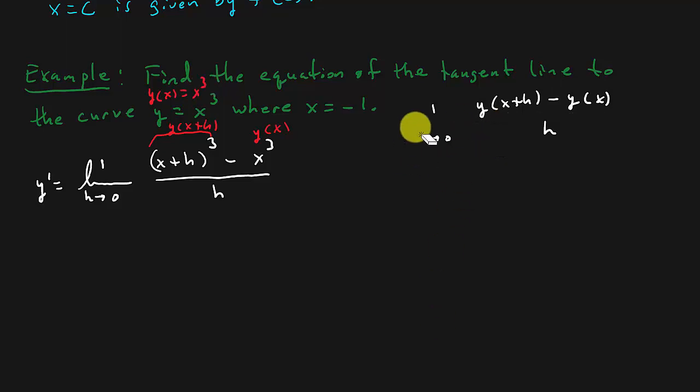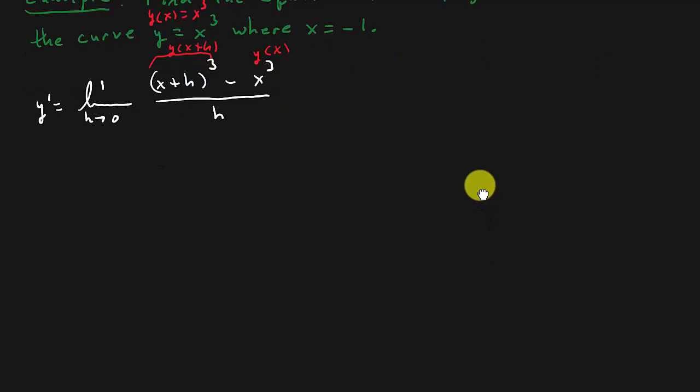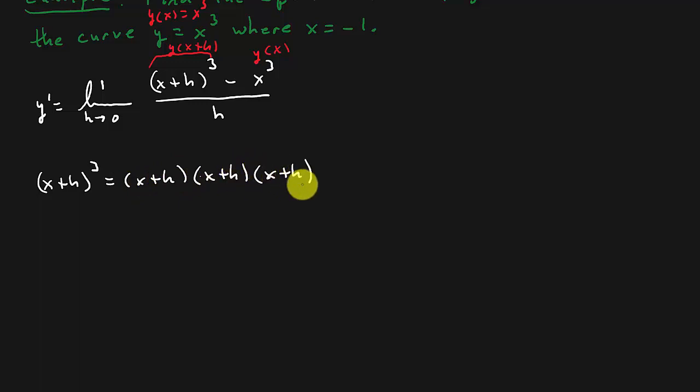All right, now we have to simplify this. It's a little more involved simply because we have to do x plus h cubed. Let's go off to the side. X plus h cubed is equal to x plus h times x plus h times x plus h, so we've got to multiply all that out.